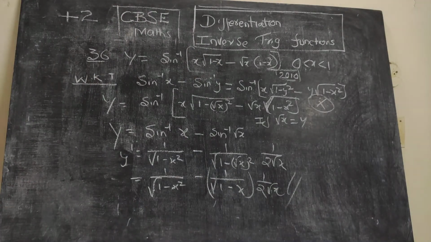That's the answer. So if you don't remember, then it will be a very difficult problem. Otherwise now this is a very simple problem. Root of 1 minus x square and 1 by 2 root x into 1 minus root of 1 minus x.